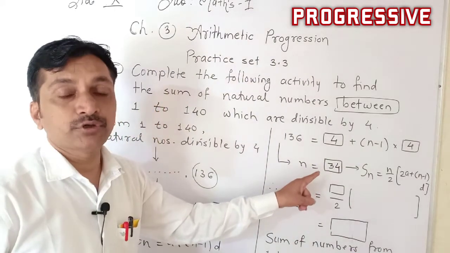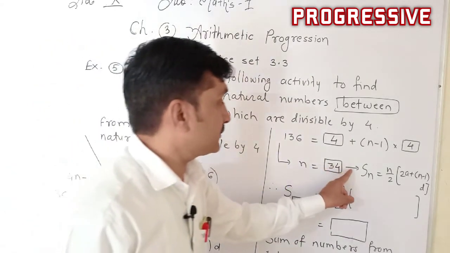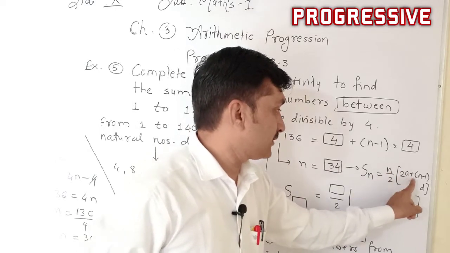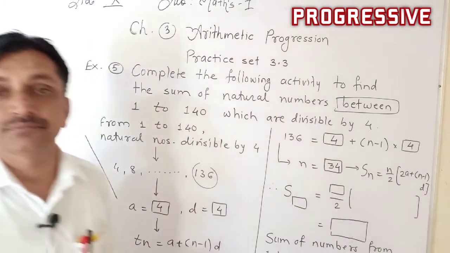We got n is equal to 34, and after that the Sn formula is used. Sn is equal to n upon 2 in bracket 2a plus (n minus 1) d.